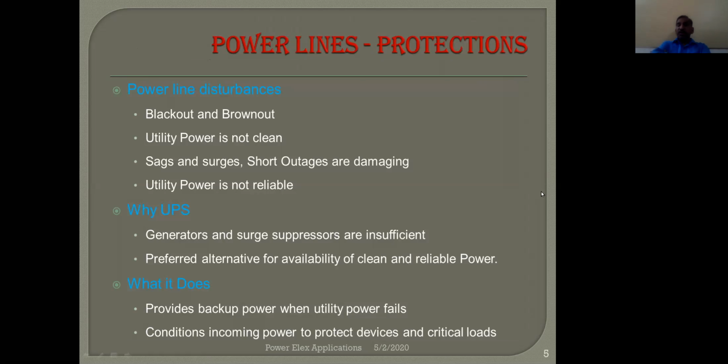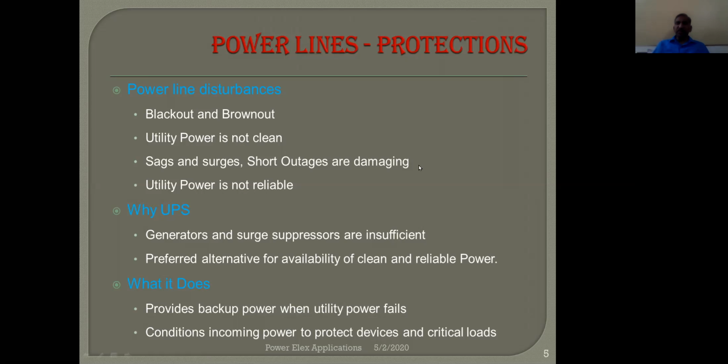When we do have mains power present, and we can have two mains, meaning if one mains fails, we can switch to another, then why involve a UPS and take that in the scheme? There are a few reasons. AC power is not clean, and there are chances that there can be a blackout or brownout at any time.